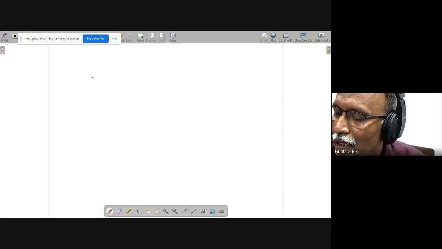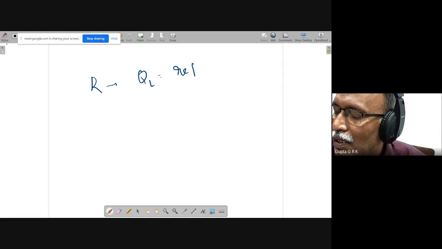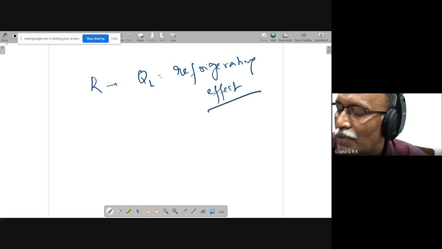So in a refrigerator, QL is equal to the refrigerating effect, it is called.